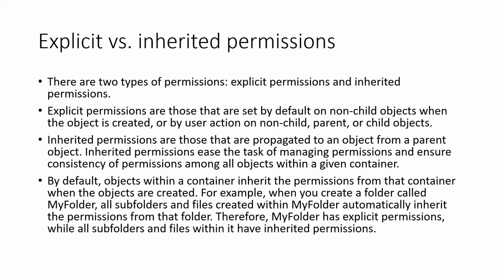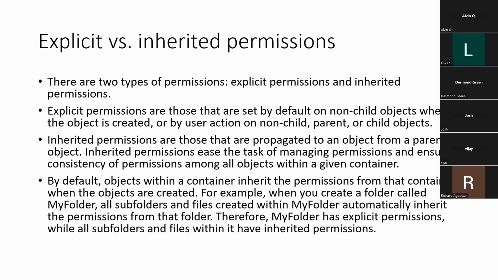Then we have what we call inherited permissions. Inherited permissions are those permissions that are propagated from a parent object to a child object. By virtue of the fact that if you create a folder and you create a subfolder in it, and you do not change how the folder is created, automatically the subfolder is going to inherit the permission of the parent folder.